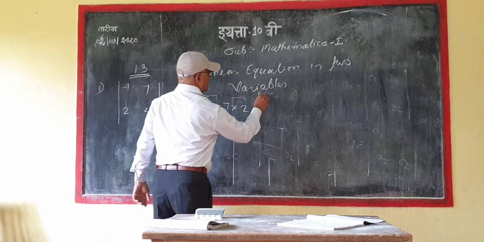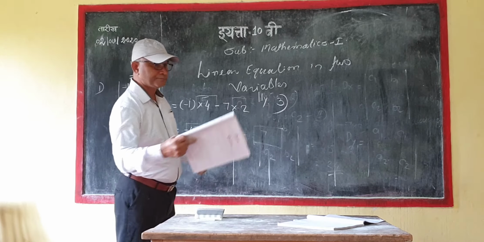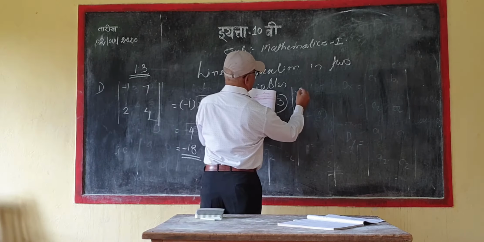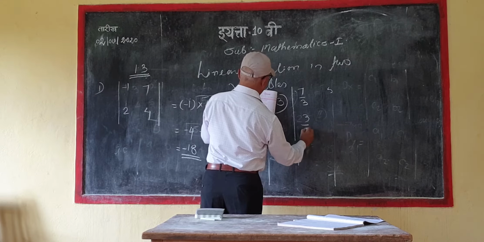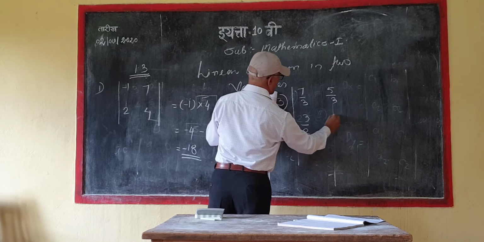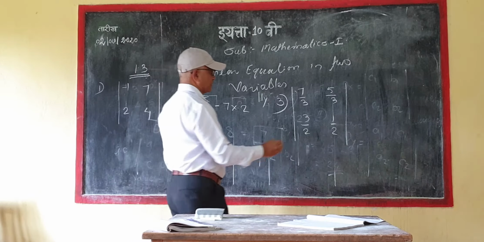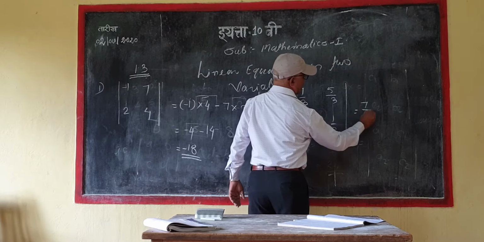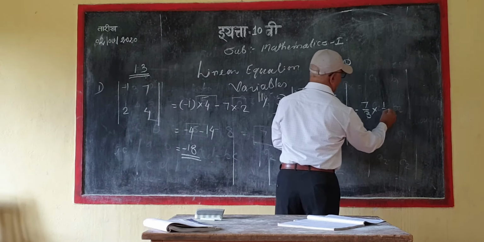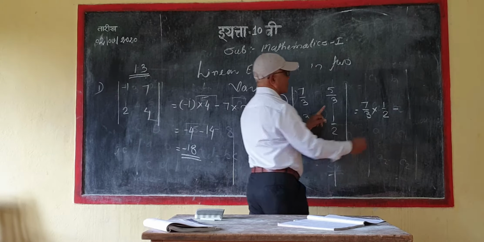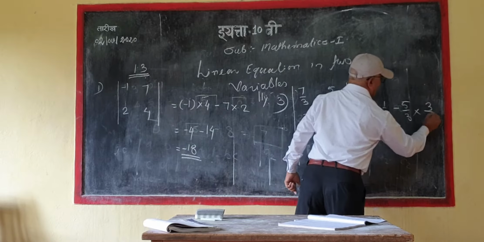Similarly, the third one: 7 upon 3, 3 upon 2, 5 upon 3, 1 upon 2. Cross multiply: 7 upon 3 into 1 upon 2 minus 5 upon 3 into 3 upon 2.